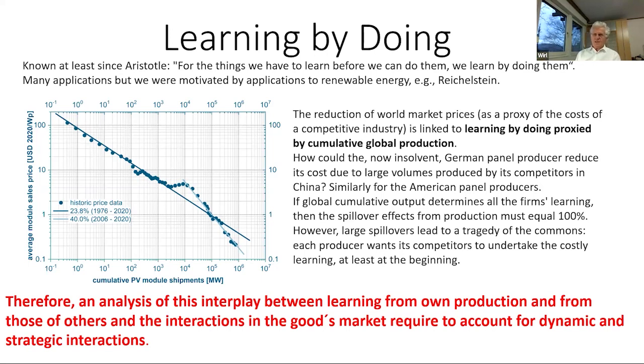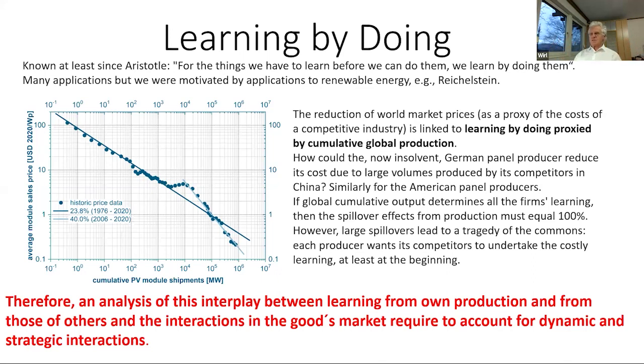But if there are strong spillovers, then you somehow face the tragedy of the commons, because you could have an interest that your competitor is doing the costly first PV modules, and then you jump onto the bandwagon. No? So somehow this is strange to us.